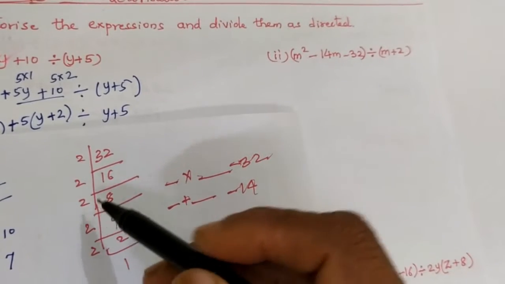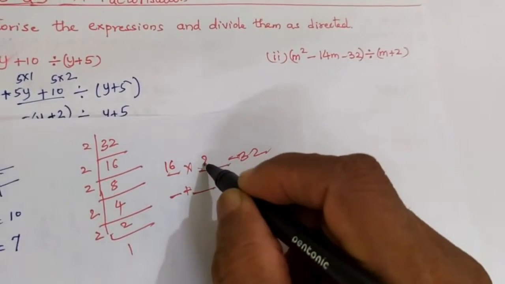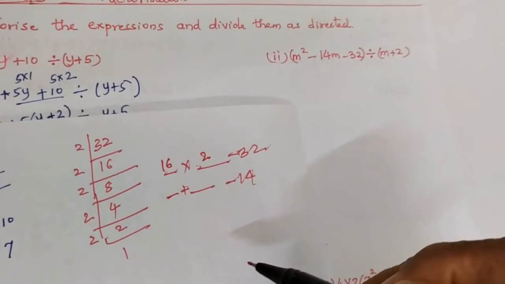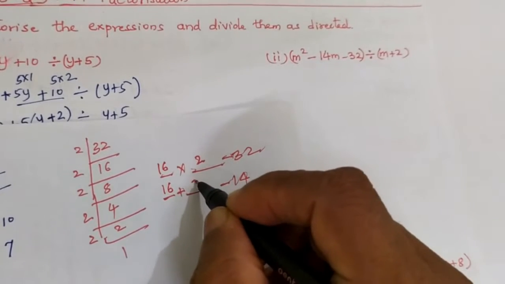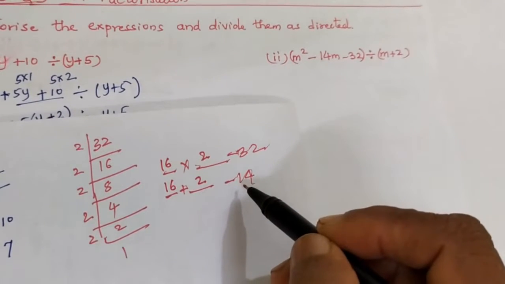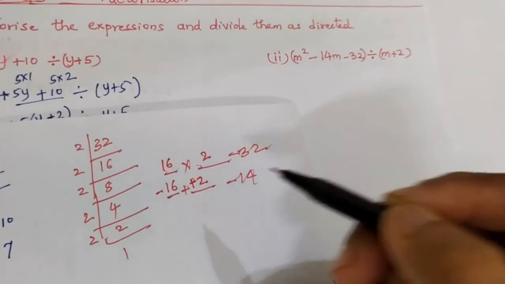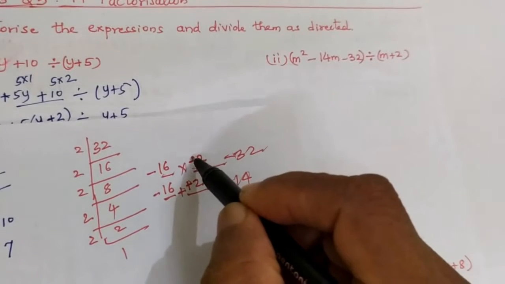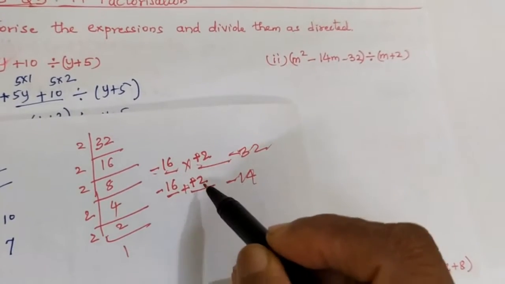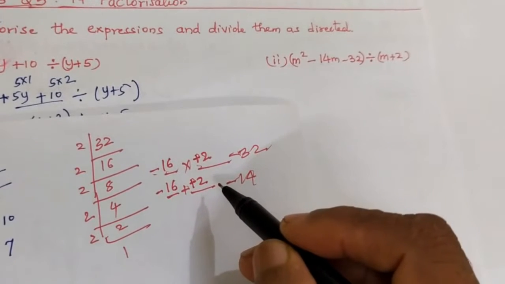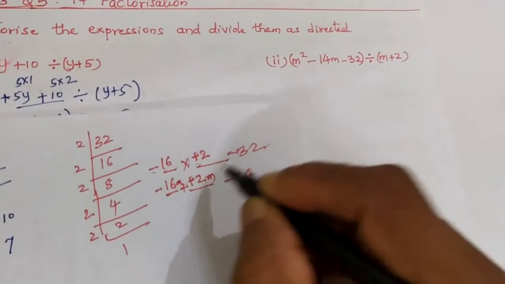So you take 2 and 16, 16 2s are 32, but we want minus, so the big number has to be minus and the smaller number has to be plus. Minus 16 plus 2 is minus 14, so this will be m and this will be m.